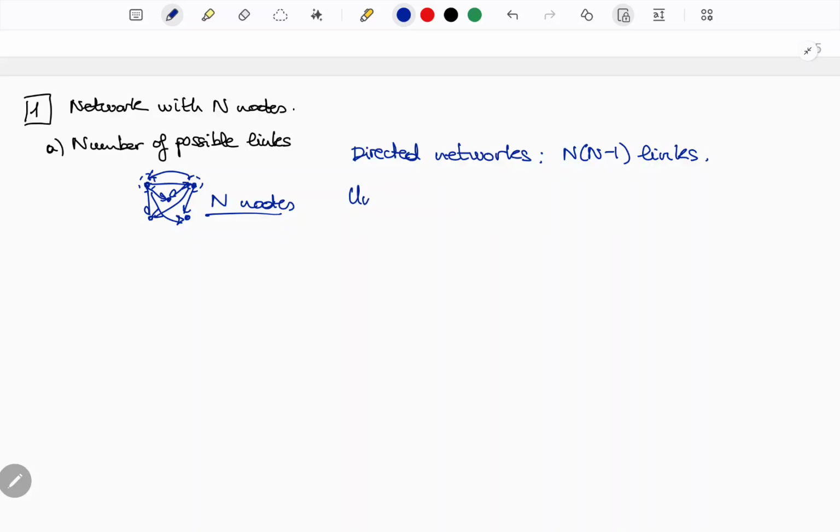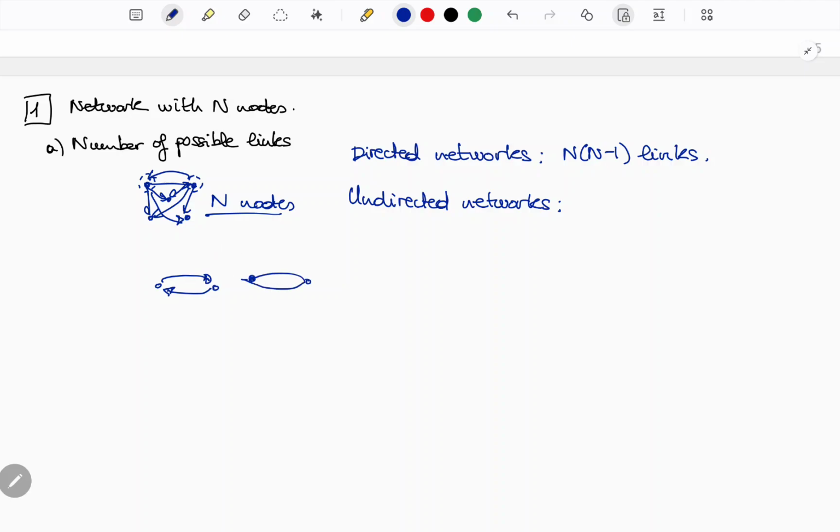And for undirected networks, we must consider, instead of all these possibilities, we have to divide this number by 2, because for every pair I'm going to consider this link and also the opposite in the directed version. But in the undirected version, these 2 links are the same.